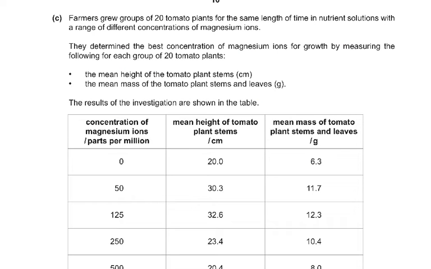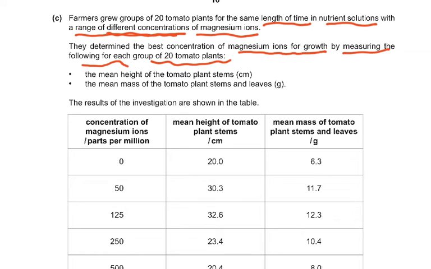Now, as you look at this part C of the question, it says farmers grew groups of 20 tomato plants for the same length of time in nutrient solutions with a range of different concentrations of magnesium ions. When he says different concentrations, you have to understand it could be 1%, 2%, 3%, 4%, and 5%. They determined the best concentration of magnesium ions for growth by measuring the following for each group of 20 tomato plants: the mean height of the tomato plants and the mean mass of the tomato plant stems and leaves.